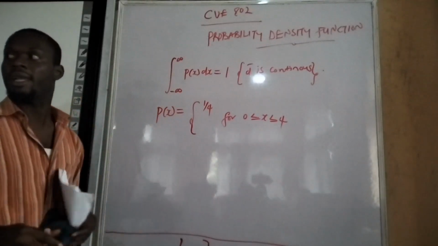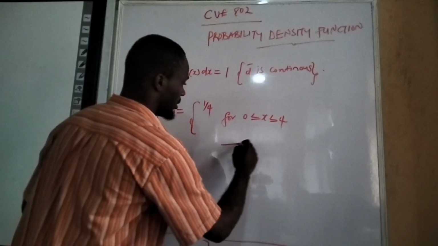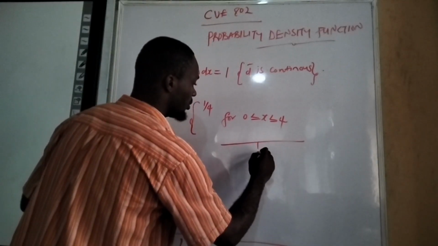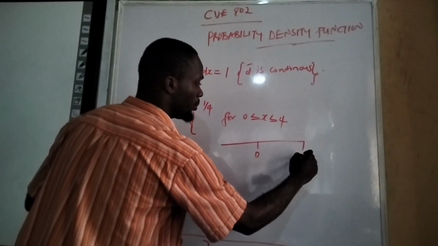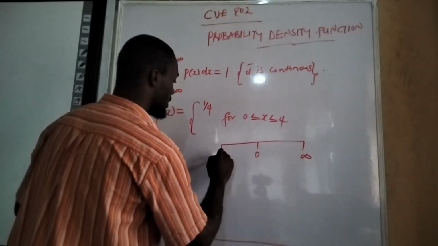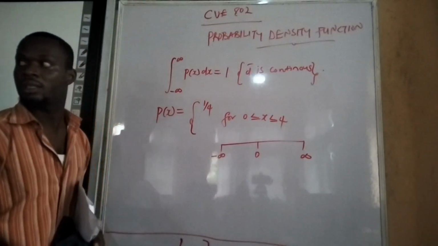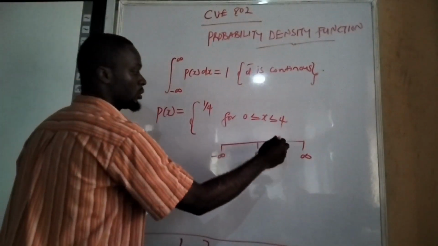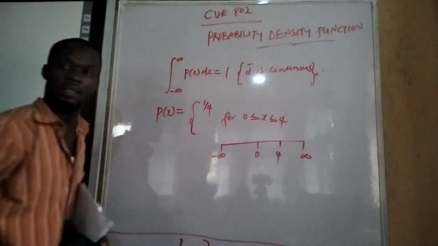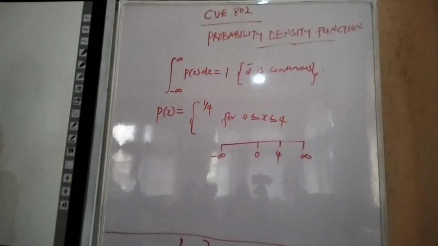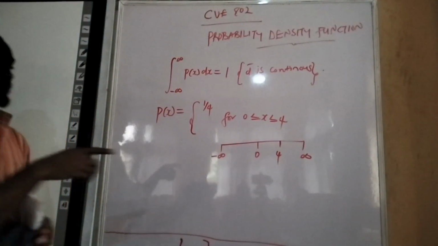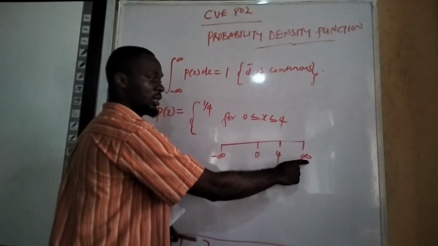Then you draw your number line. Here is 0. Somewhere here is positive infinity, and somewhere here is negative infinity. And our 4 is somewhere here. You understand? We have to integrate from here to here.